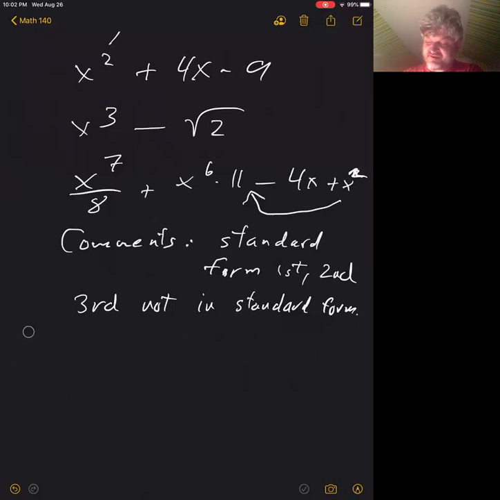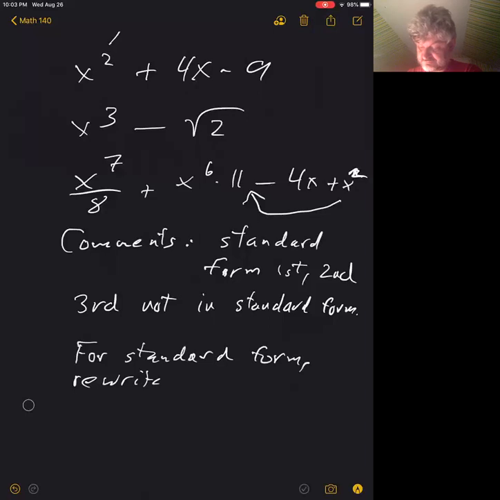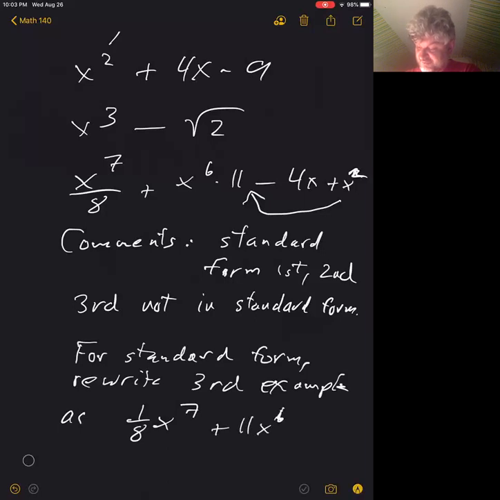Another thing which is not quite standard about the last example is x to the 7 over 8. Not quite standard. Rewrite it as 1 over 8 times x to the 7, and then plus 11 times x to the 6 plus x squared minus 4x.